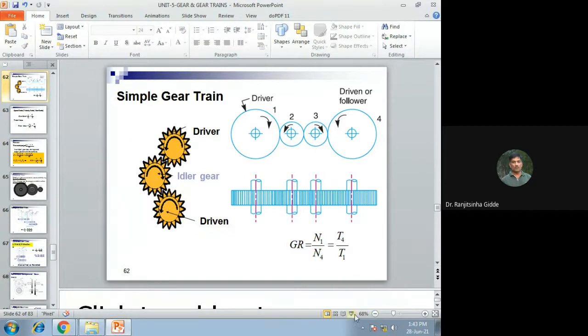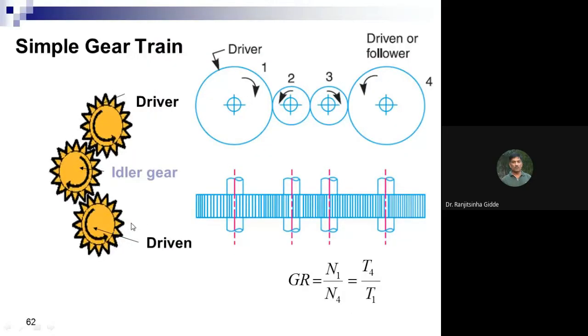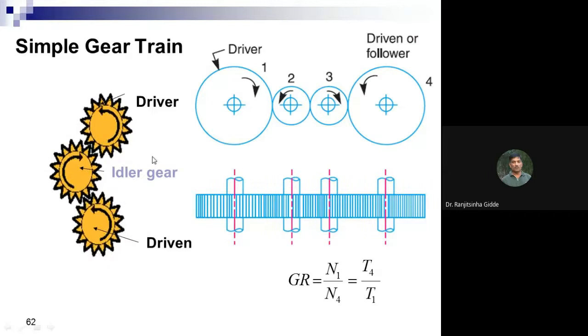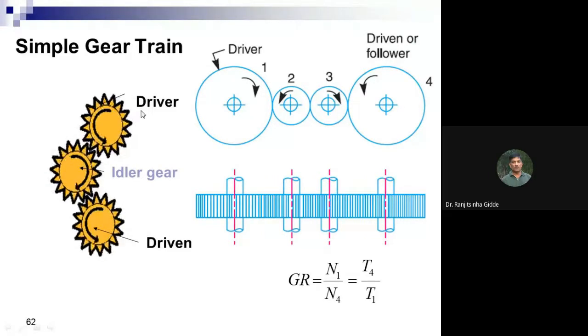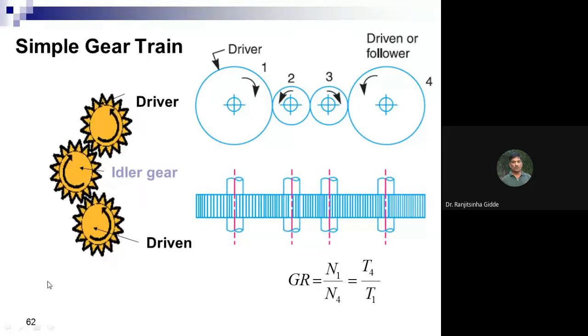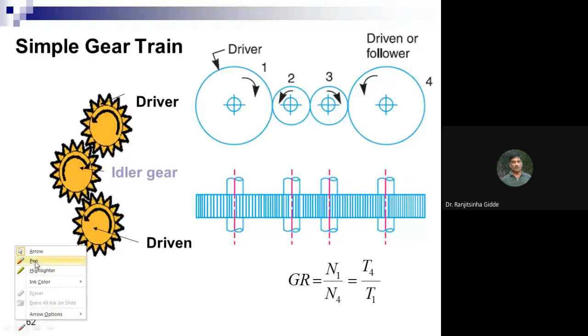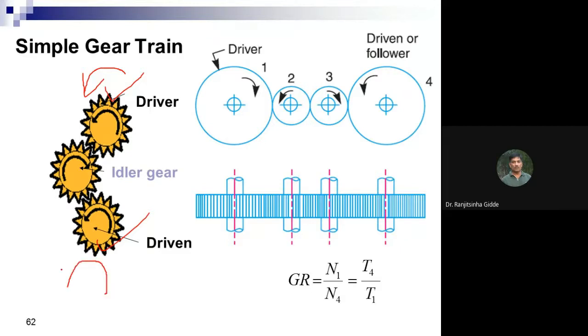Now the left one is the animation. We can see that this is the driver and this one is the driven. The driver is rotating in anti-clockwise direction and the driven is also rotating in anti-clockwise direction because one more gear is provided in between these two.